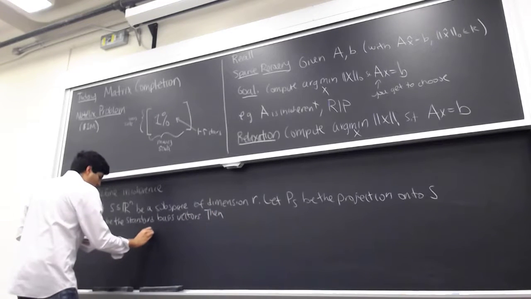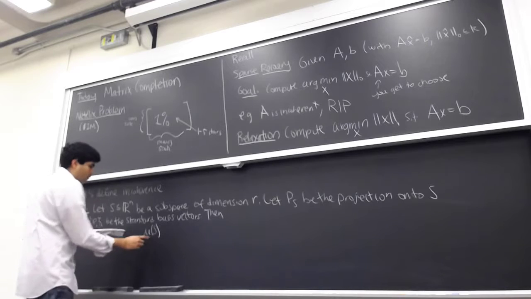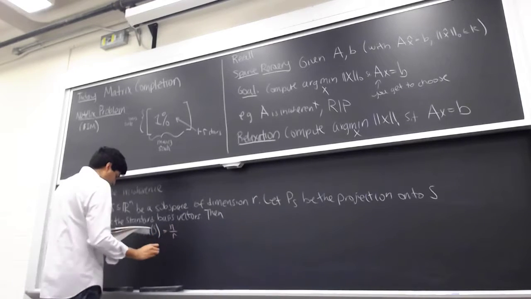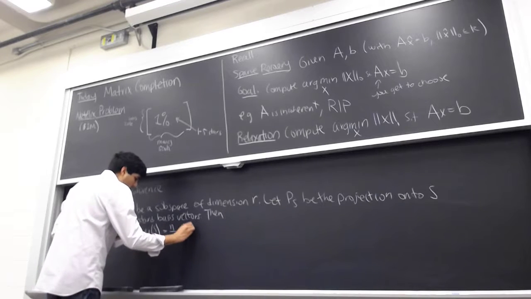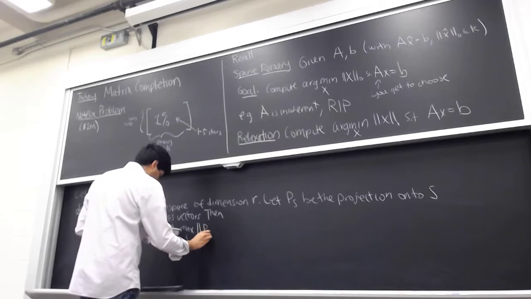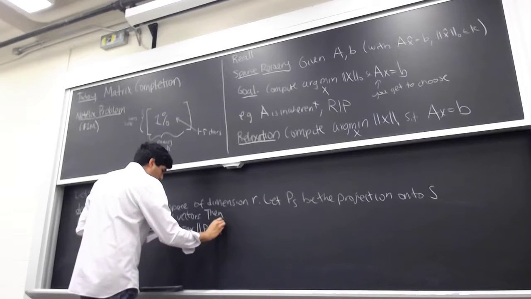Then we define the incoherence of a subspace, denoted mu of S, as n over r, some scaling, times the max over i of the squared 2-norm of the projection of e_i.